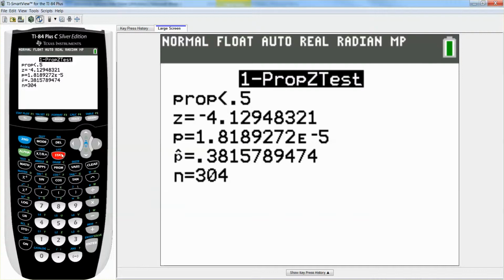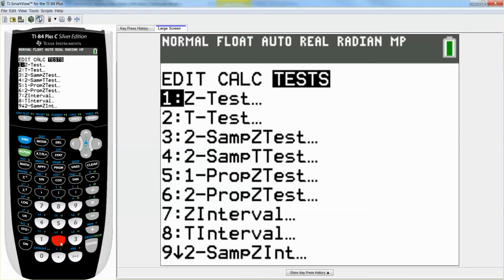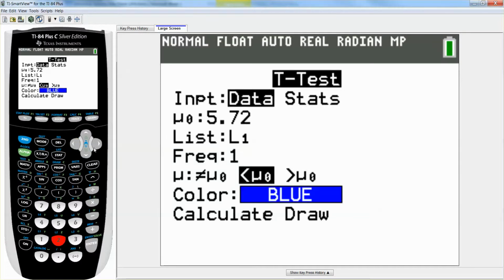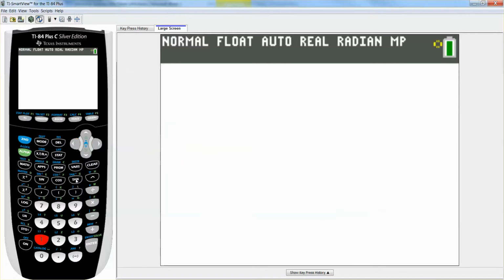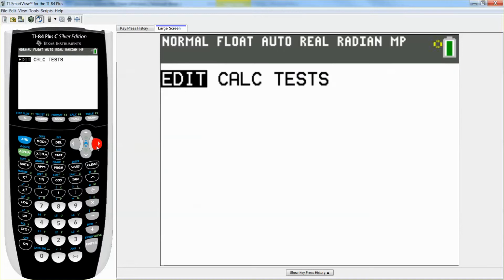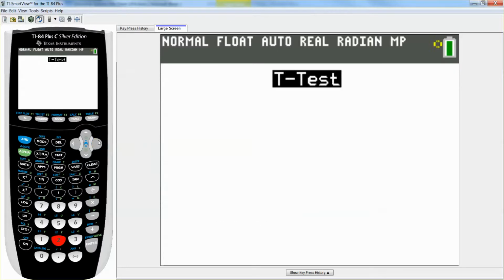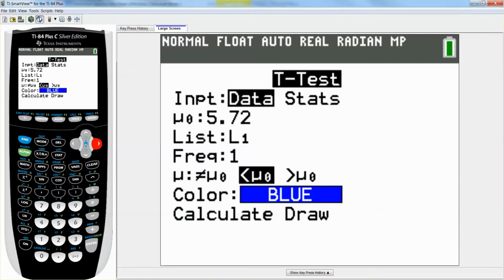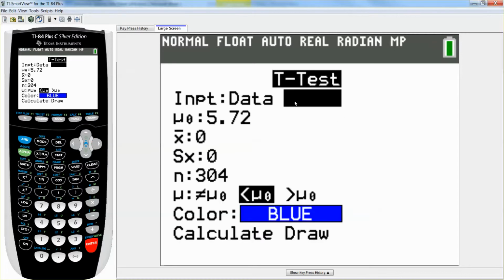So if I go to stat, go to tests, pick number 2, which is t-test, you have an option of data or statistics. Data is when you actually have a column of data that you've entered into L1 like this. Stats means that you have some valuable information like X bar and S given to you in the problem, and they never gave you a column of data.